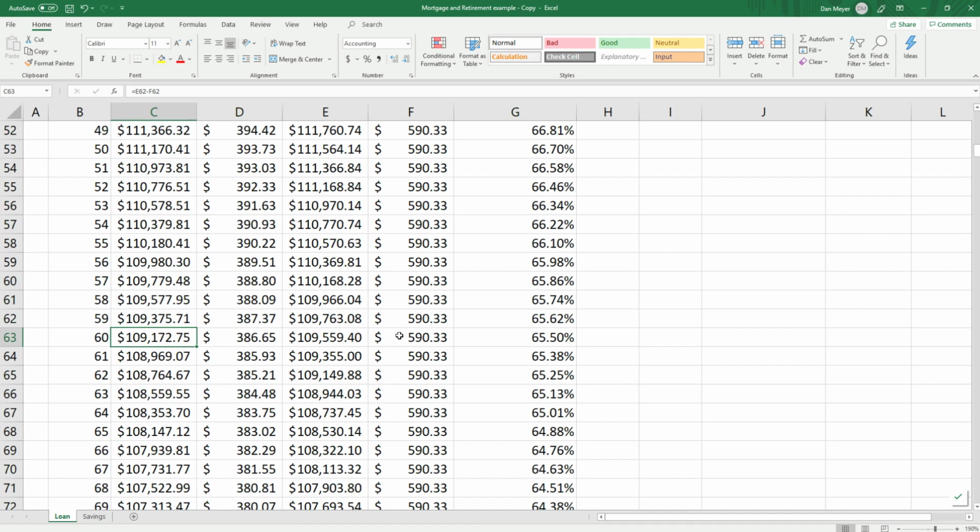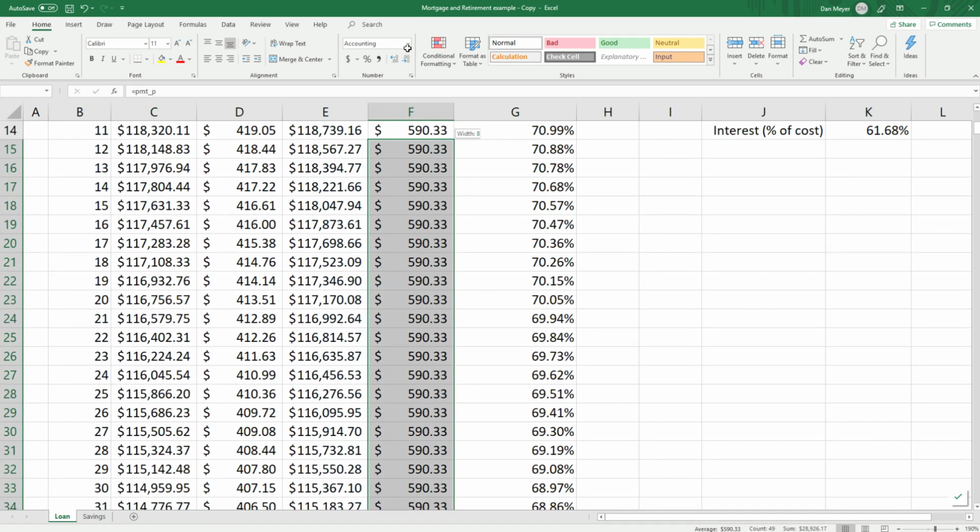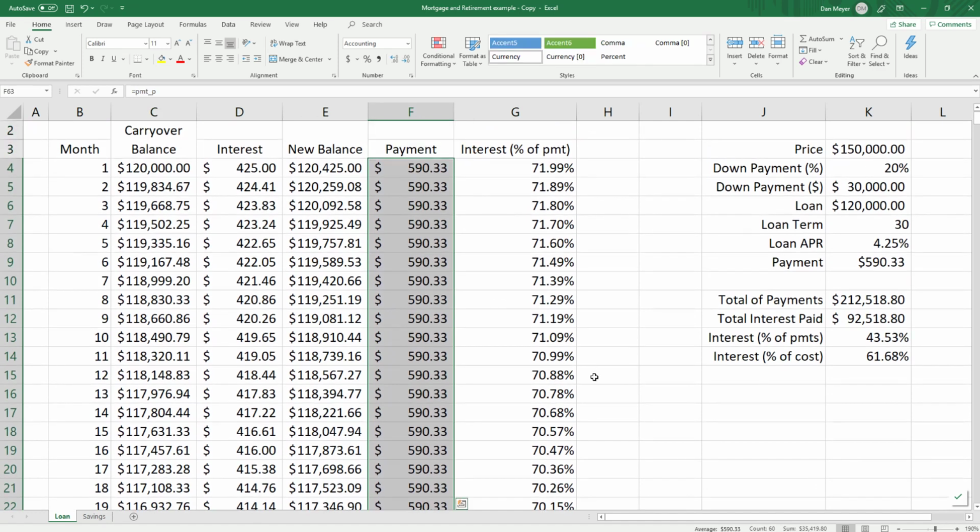Okay, if we look at the total of the payments up to that point, we've paid $35,000 in payments. You can see down here at the bottom, there's the sum. Made $35,000 in payments, but only $11,000 of those dollars went to actually paying down the principal. Okay, almost two-thirds of those payments is just interest.